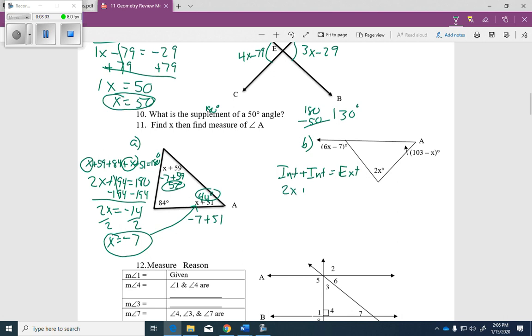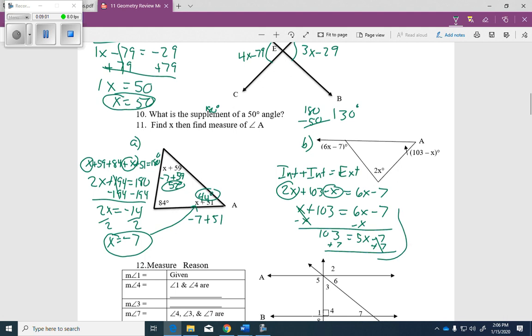So 2x plus 103 minus x equals 6x minus 7. And we can solve this equation. I'll combine my like terms over here. I'll subtract x. I'll add 7.